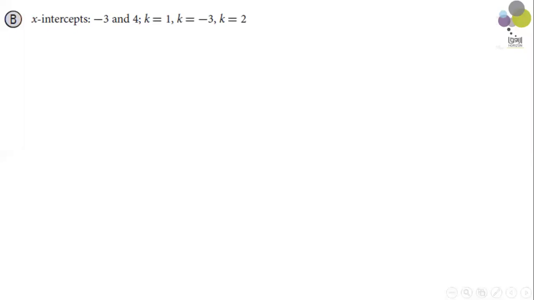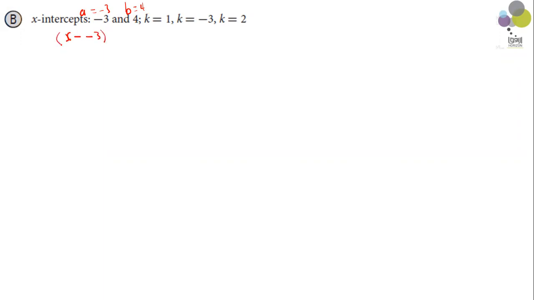Letter B, the same. We have two zeros, negative 3 and 4, so a equals negative 3, b equals 4, okay? So you have to write the first linear factor, so it will be x minus negative 3.